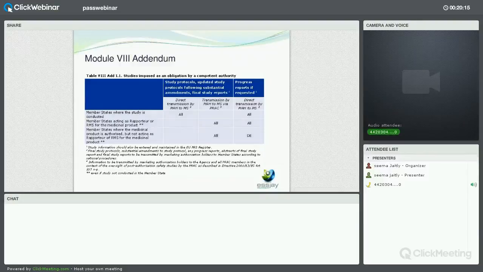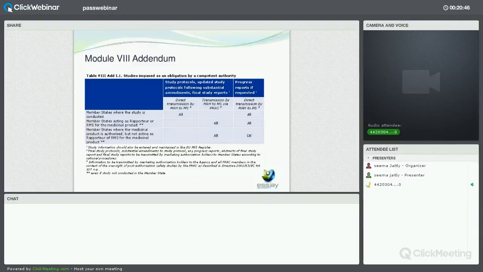So just wanted to show you here in Module 8, this is the addendum, and again it is a little bit small, but this is what you need to refer to when you're starting your study and working out what needs to be submitted where. So this is studies imposed as an obligation. And you can see that you're going to have to transmit information with regards to the protocol, substantial amendments, final study report directly to the member states for any country where the study is being conducted.